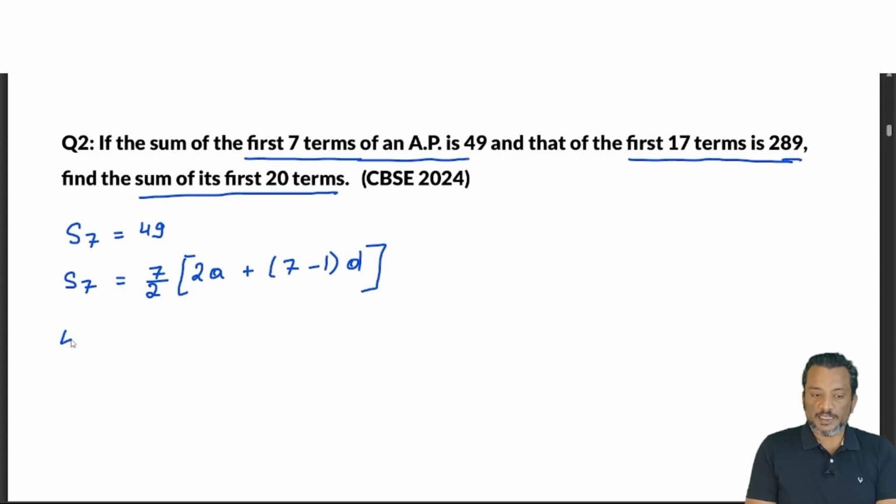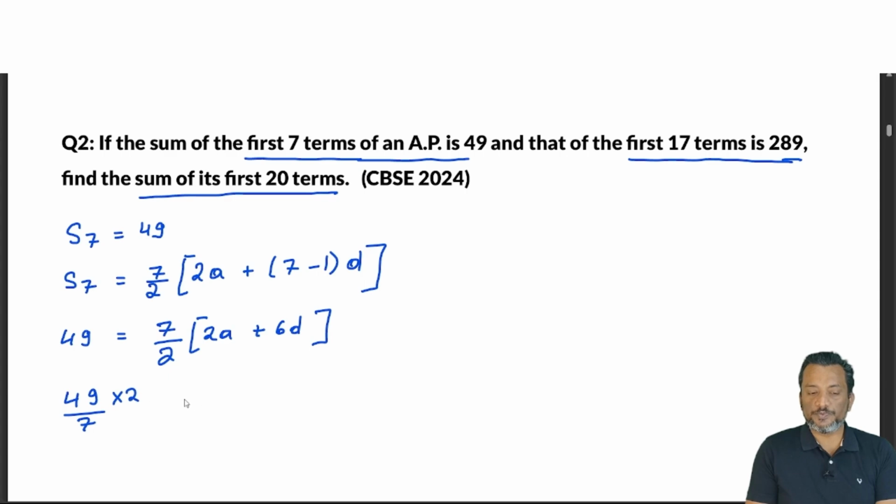So we can say 49 is equal to 7 over 2 times (2A plus 6D).